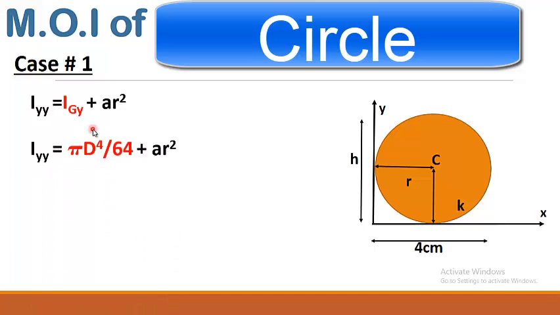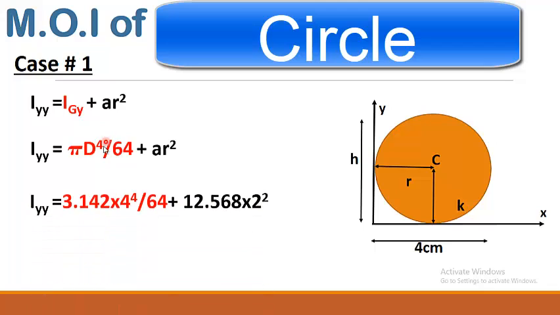The value of Igy remains the same, as the distance of the center from both axes is the same. By putting the values, we will get the value of Iyy, that is the moment of inertia about the y-axis for this case number 1, which is 62.84 centimeter power 4.